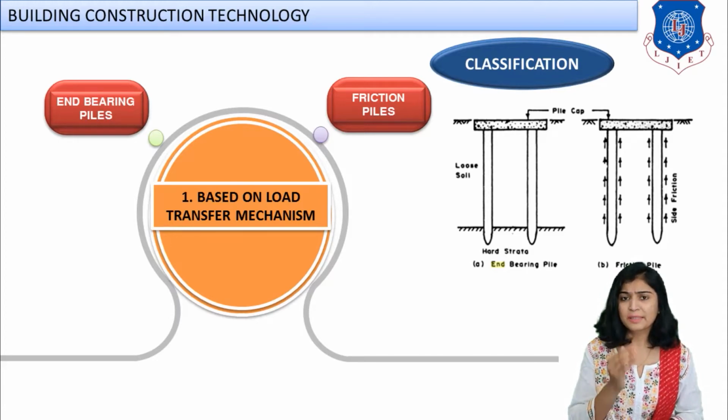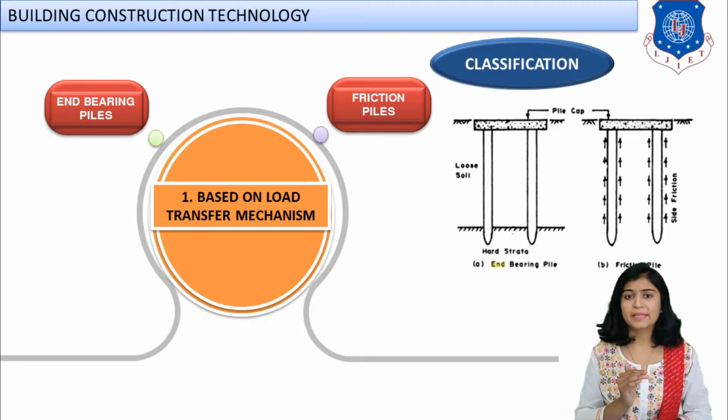If it is available at not a very great depth, then you can drive the pile member up to the hard strata so that its tip rests on the hard strata and the load carrying capacity is derived from that hard bedrock, because when the load comes on the pile foundation, it is transferred to the hard subsoil, the hard strata. Then it is known as an end bearing pile.